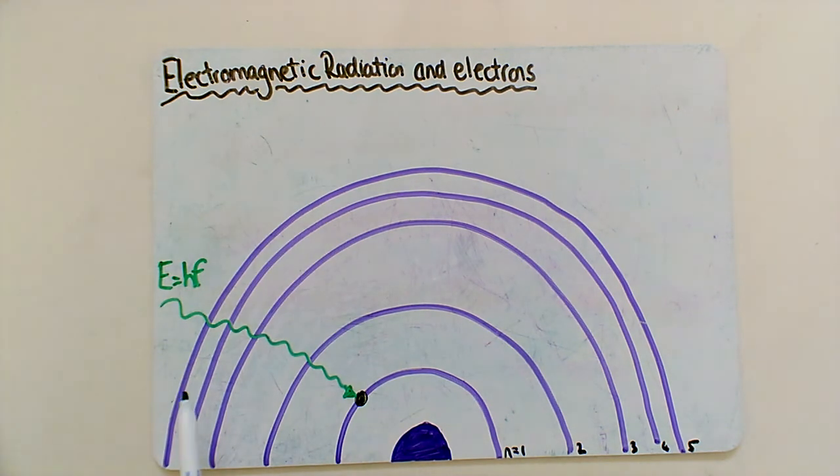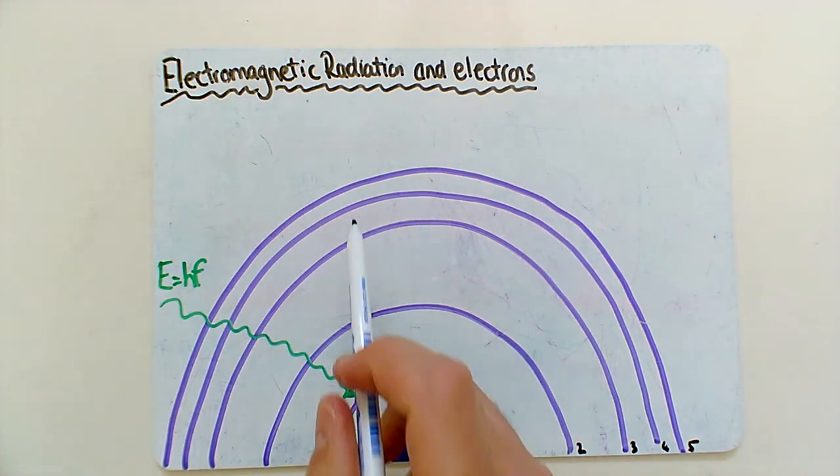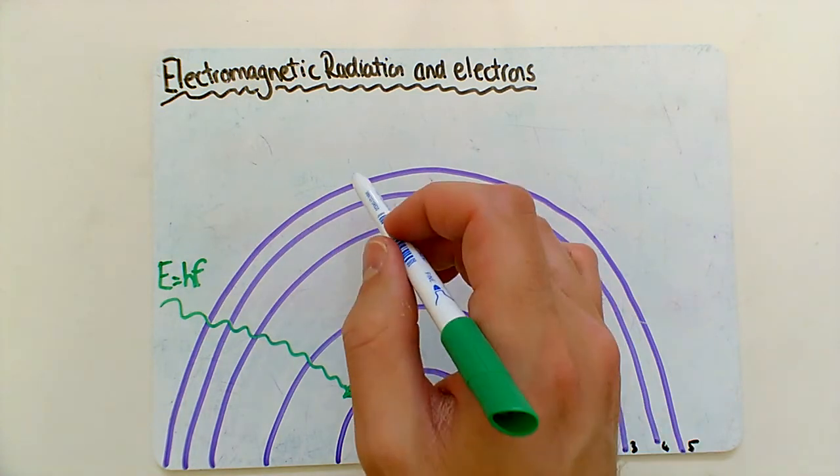And if that energy is the same as the energy needed to go from n equals 1 to n equals 2, the electron will move up that way. If the energy is enough to go to n equals 3, it'll move to here, to n equals 4, the next one, n equals 5, the final one.